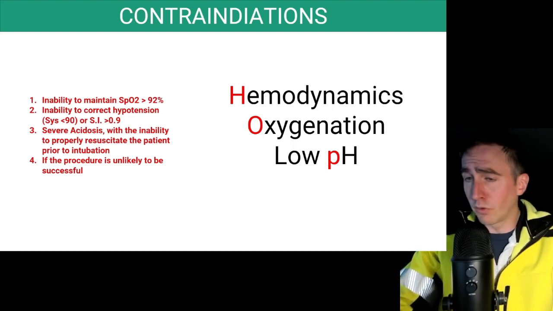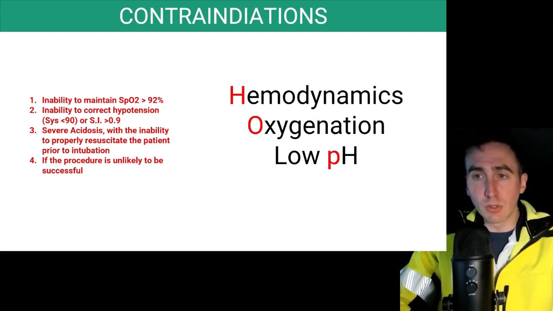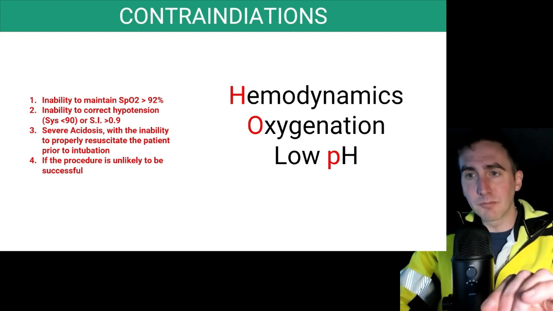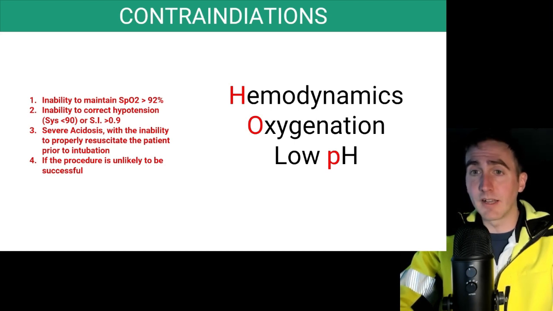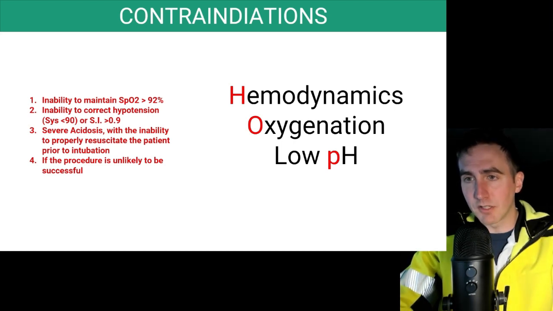And we'll go over the anatomical criteria, but there's a lot of criteria listed here that isn't an absolute contraindication if you can improve and optimize your patient. Now, a mnemonic to memorize, and you must memorize if you want to perform RSIs, the HOP mnemonic, HOP. Optimize hemodynamics, optimize oxygenation, and optimize the pH.